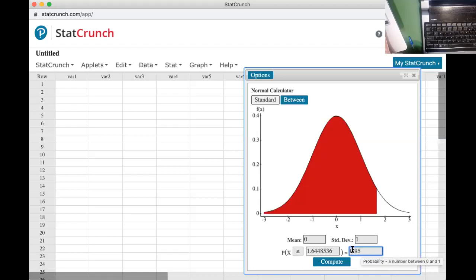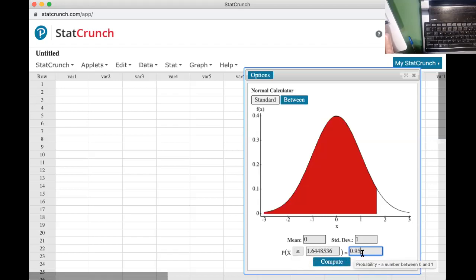We would be in the between mode, with plus and minus z star. But since we're doing a one-tailed test, we only have the positive z star value.